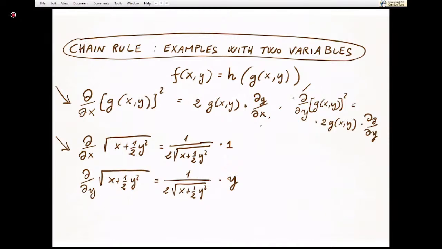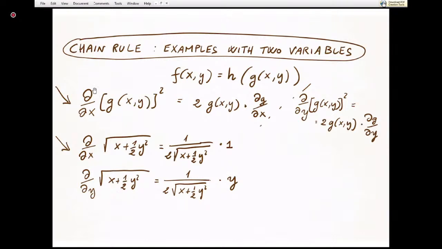So with multivariable functions, we may have many different structures for the chain rule. This is one very common. So the inner function is a two variable function or an n variable function, and the outer function is a one variable function. This is a common structure.